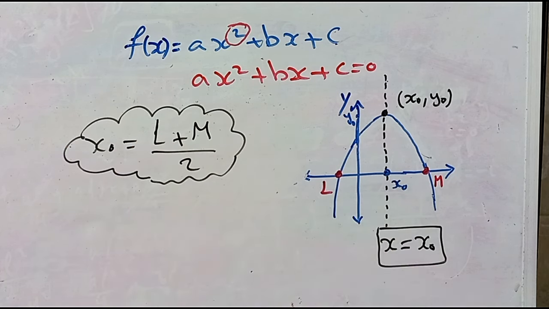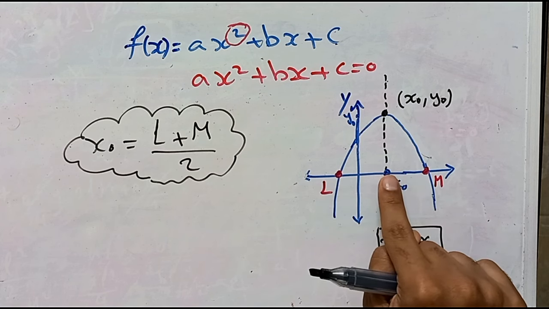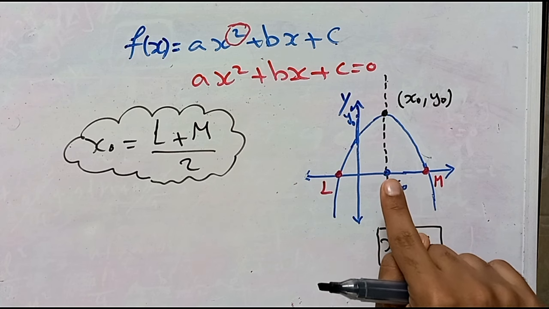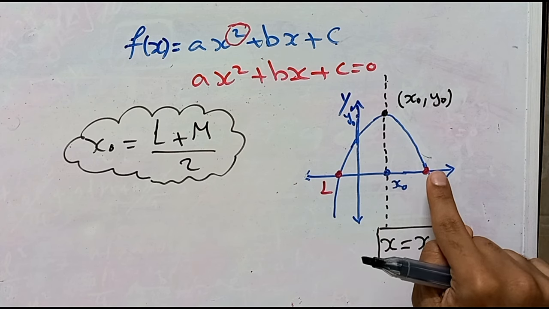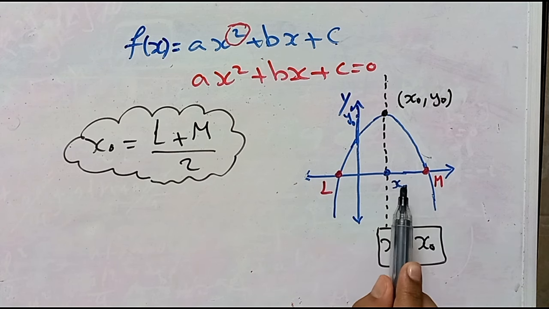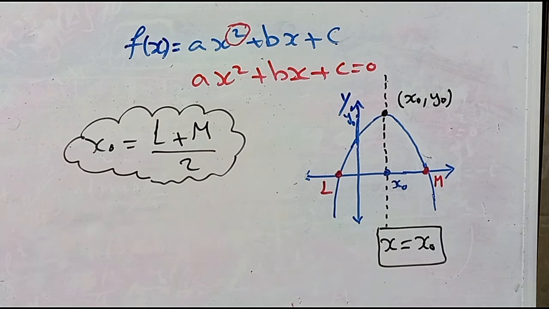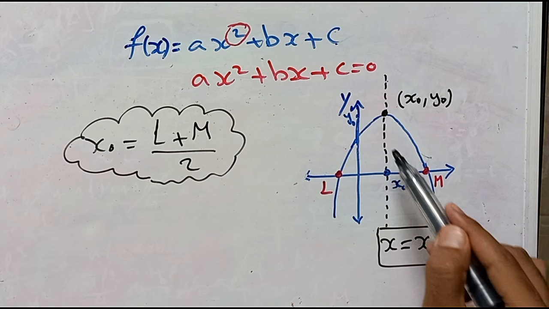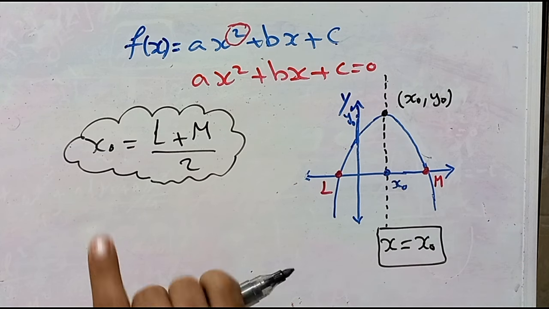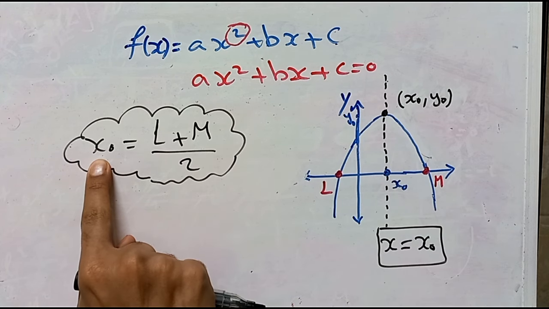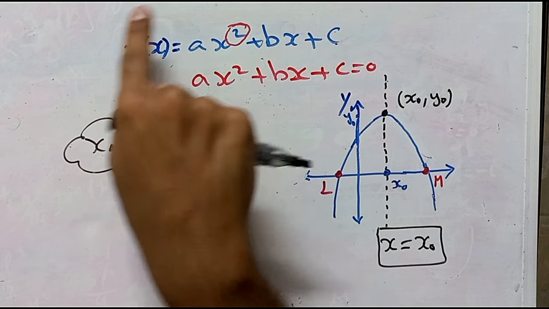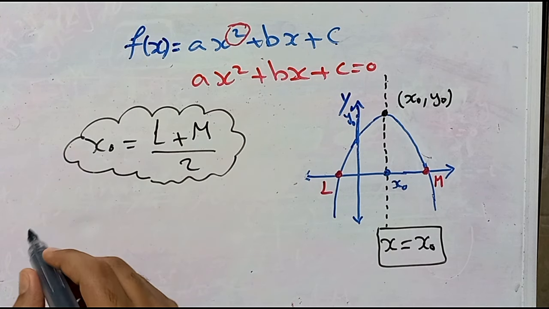From the symmetric axis, you have that the distance from L to x node equals the distance from x node to M. So x node equals (L plus M) over 2. Also, to get the value of y node, you substitute x node into the function f of x.